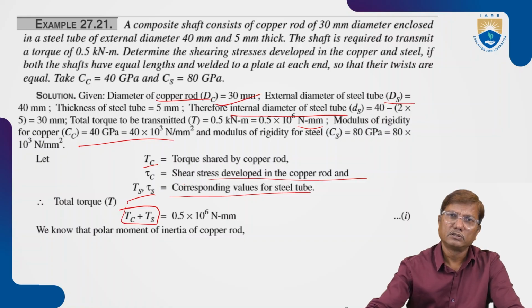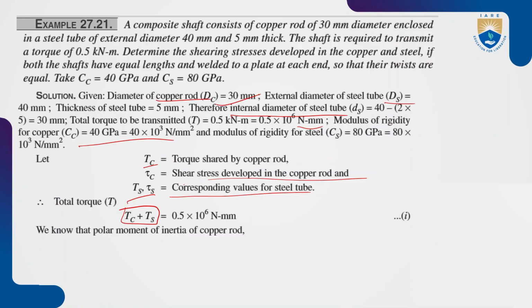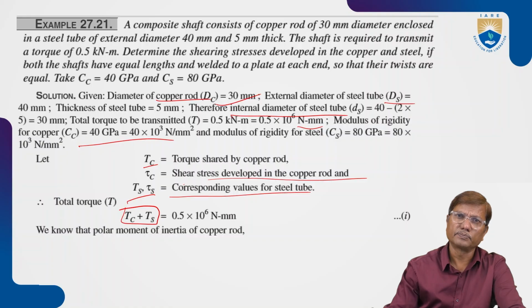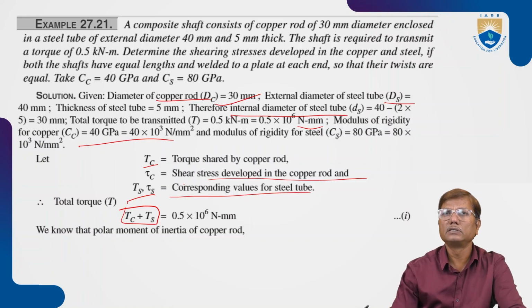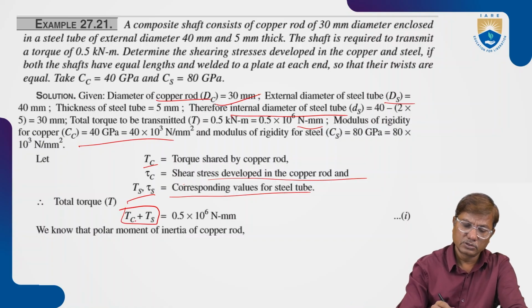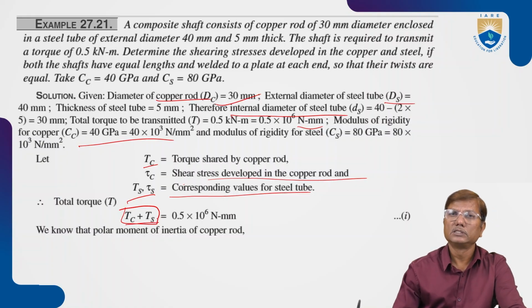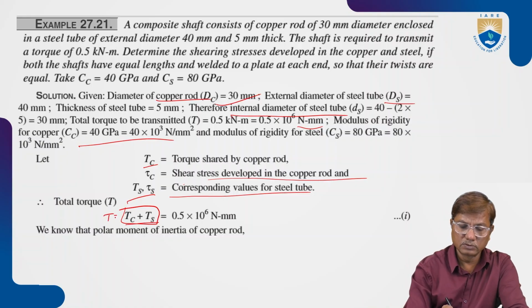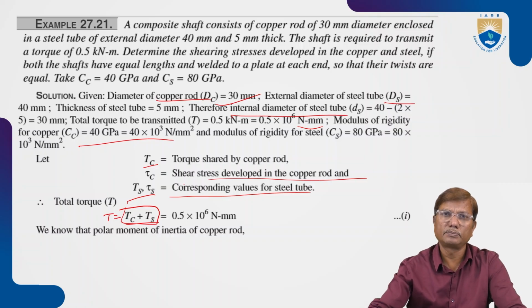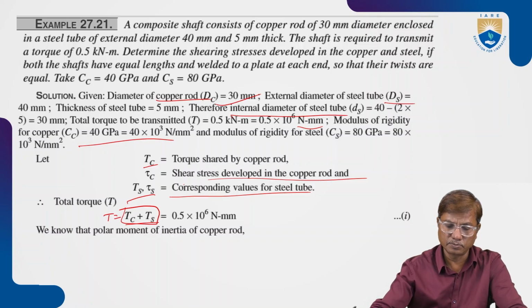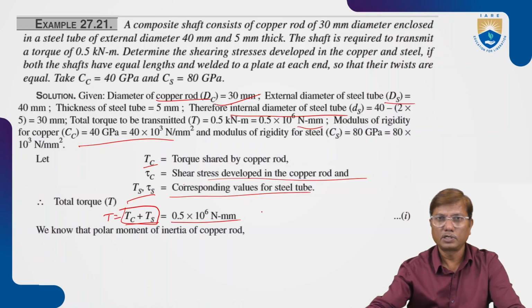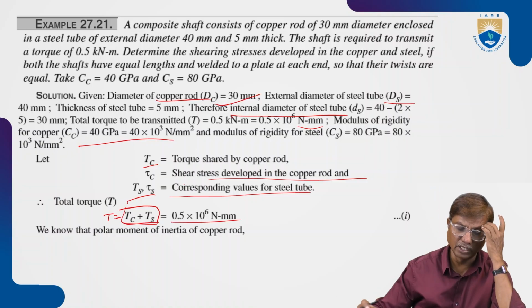In the previous case the torques are same for both the sections of the shaft, but in this case the torques are not same. Torque applied is shared among the steel tube and copper rod. So the total torque is equal to torque shared by copper rod plus torque shared by steel tube, which is equal to 0.5 into 10 power 6 Newton millimeters.